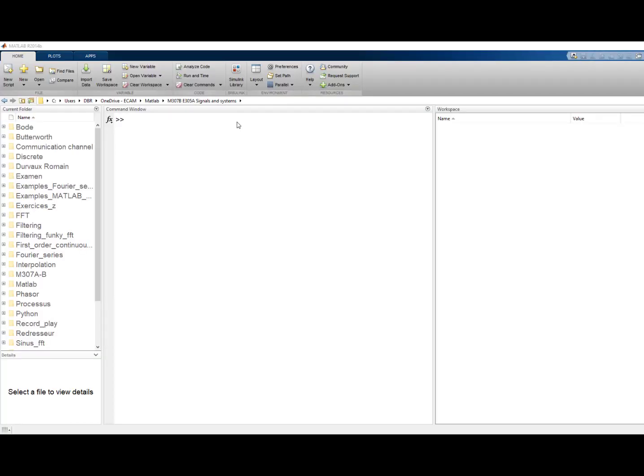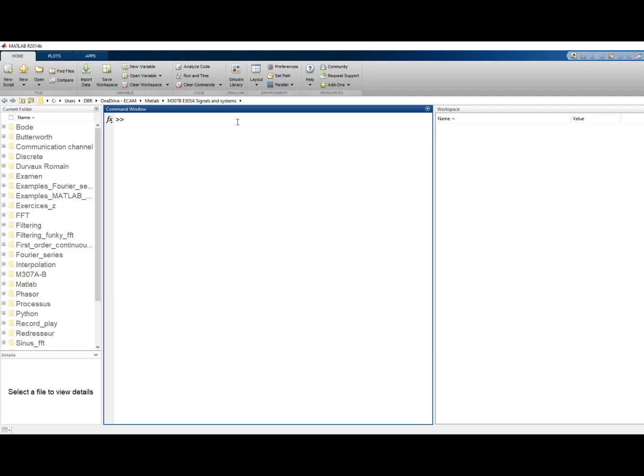We can test this very quickly in Matlab. So alpha, we'll say that it is 0.5. Then we can introduce the numerator polynomial, it's z. The denominator polynomial, it's z minus alpha, so it's 1 and then minus alpha.